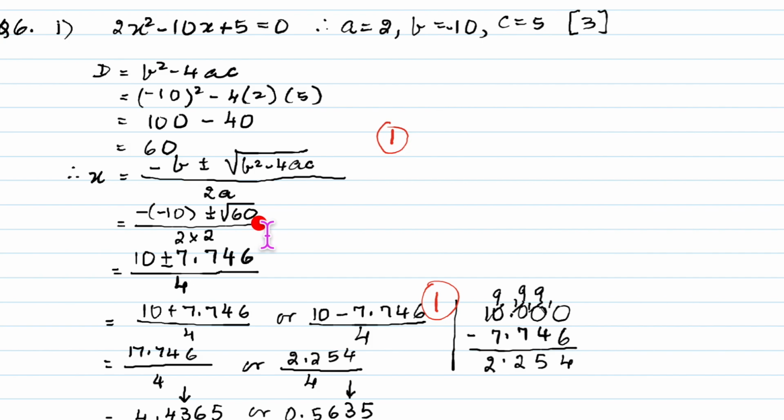This being root of 60, we use the mathematical table and we get the value of root of 60 as 7.746. If you want to know how to take the square root of these numbers, then I will place one video link over here whereby you can find the square roots using the log table. And in the denominator, 2 into 2 is 4.